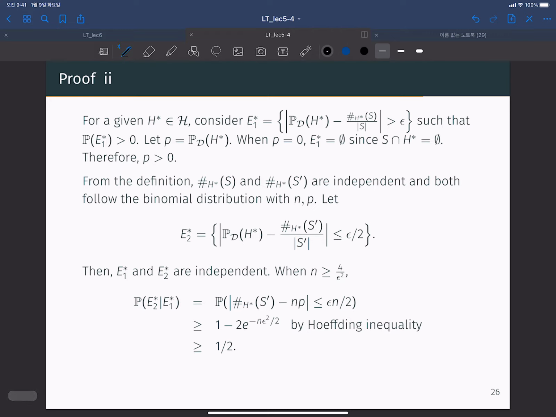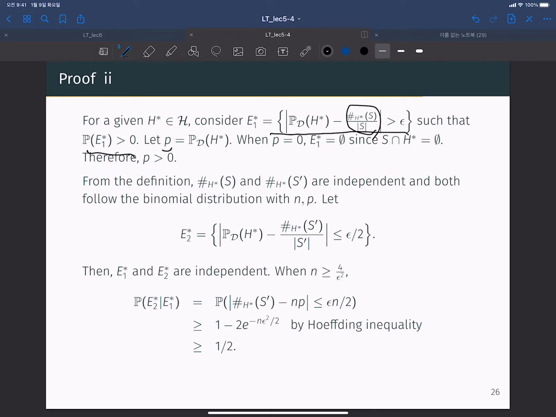So for a given H star, consider E1 star as this: the event that the training error of H star has at least epsilon difference from the test error of H star. And also, let's assume the probability of E1 star is strictly greater than 0.